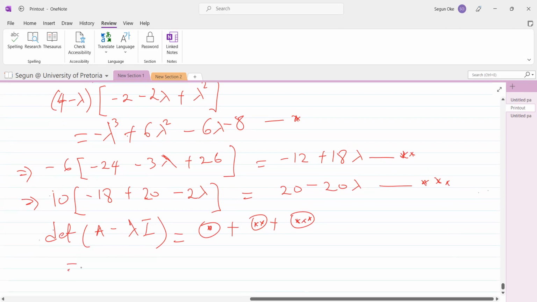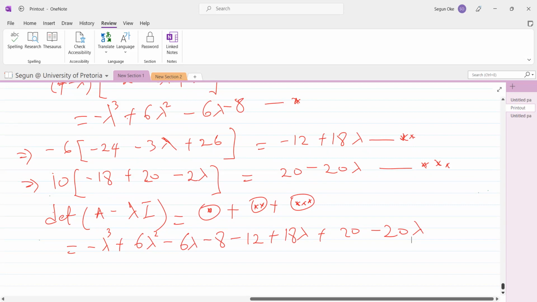So it's going to be minus lambda cube plus 6 lambda squared minus 6 lambda minus 8, minus 12 plus 18 lambda plus 18 lambda plus 20 minus 20 lambda. So if you solve it very well, this is what you are going to get.